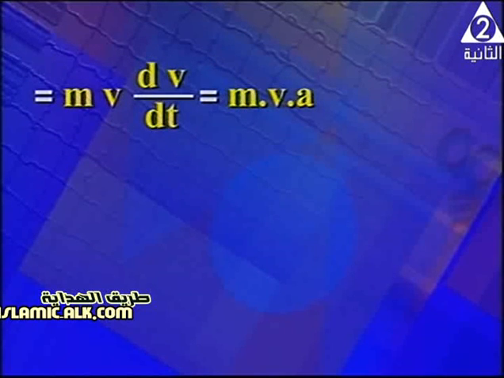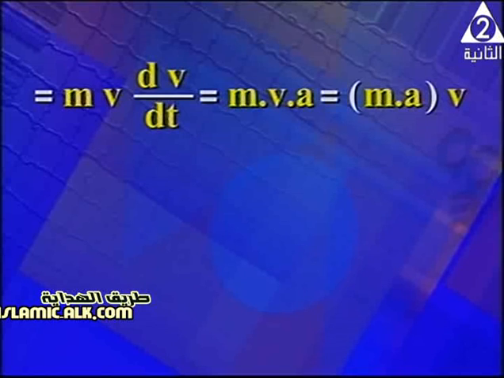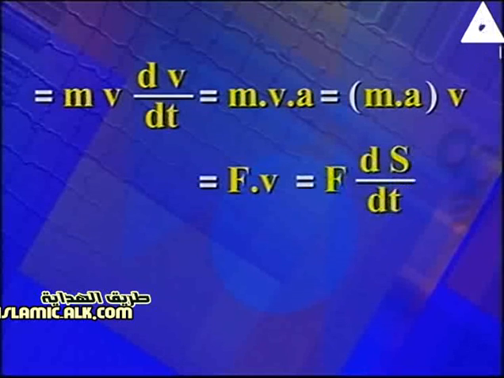What is the differentiation of velocity with respect to time t? Excellent, students: acceleration a. Then the right-hand side equals m times v times a, which equals m a times v. What do you mean by m a? Excellent, the force F, times v.